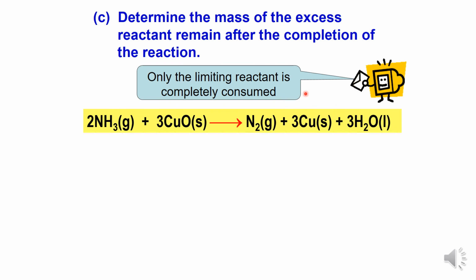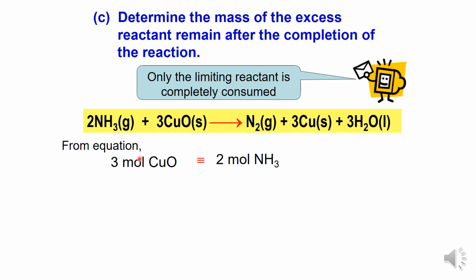This is the equation, so you just write from the equation. How do we determine the mass of excess remaining? You write 3 mole CuO, copper(II) oxide, is equivalent to 2 mole ammonia, because ammonia is the excess reactant.